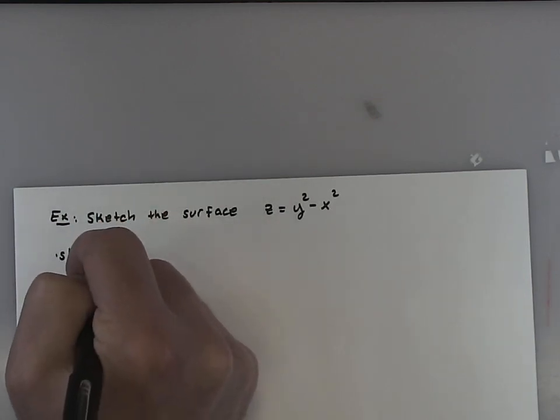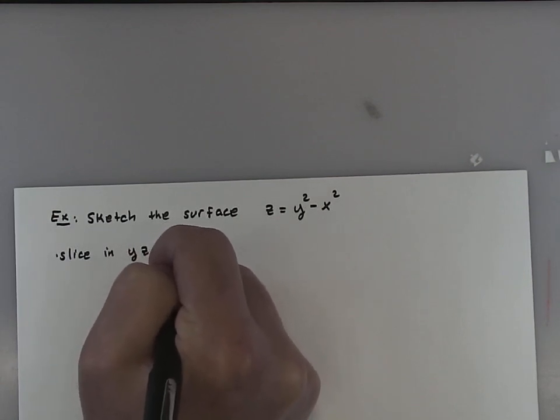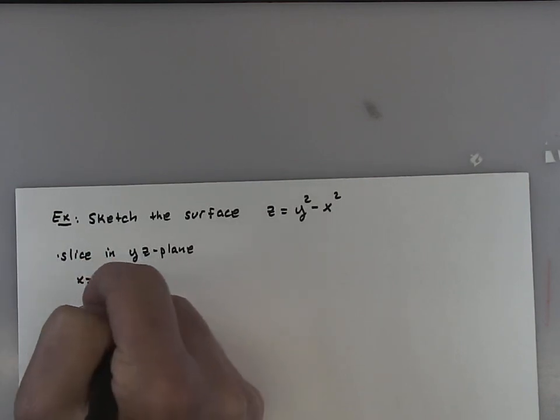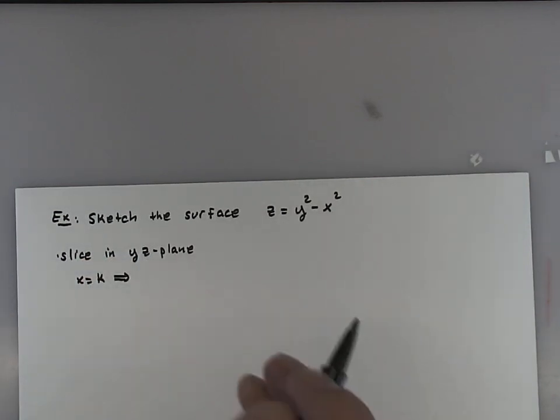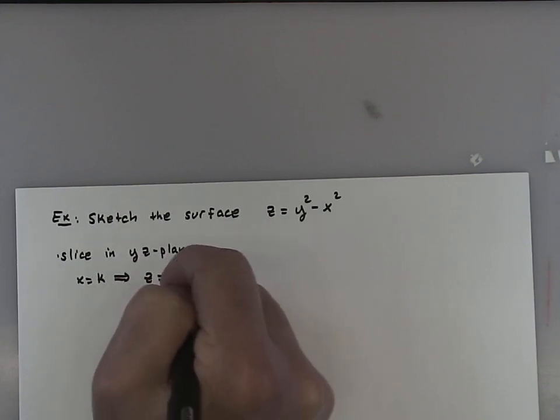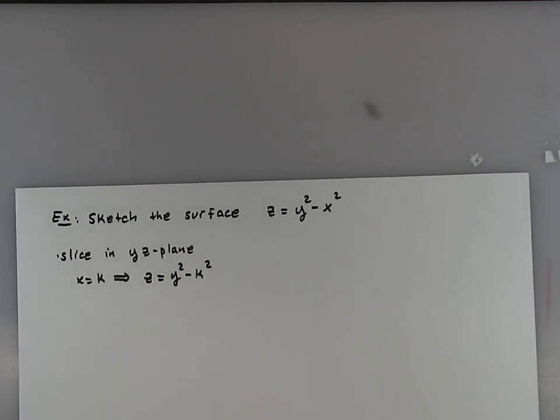So first, if I take a slice in the yz plane, so x is a constant, implies z is equal to y squared minus k squared.